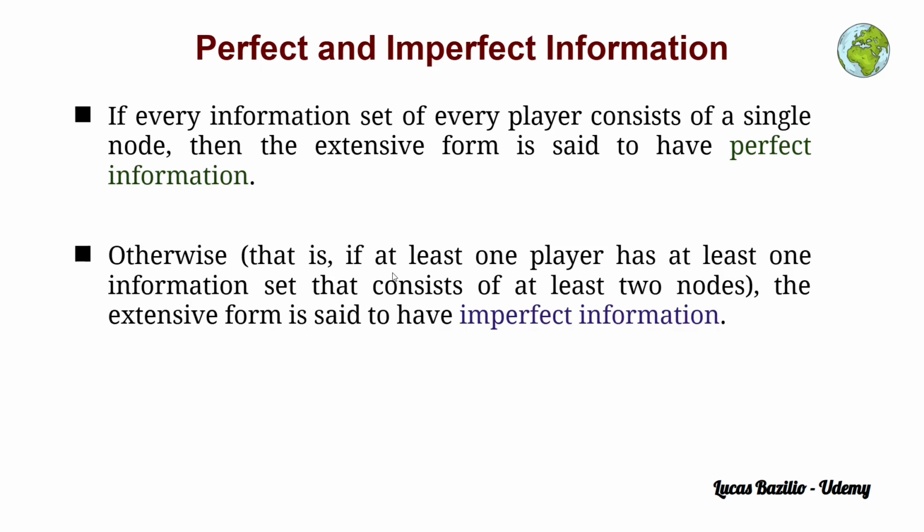Otherwise, that is, if at least one player has at least one information set that consists of at least two nodes, the extensive form is said to have imperfect information. In this lecture, we're going to see examples of imperfect information.